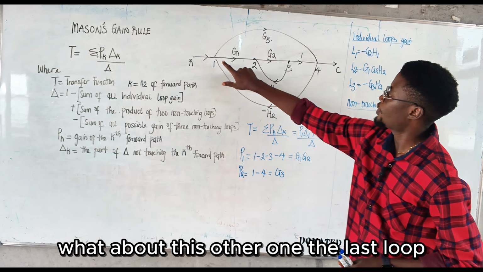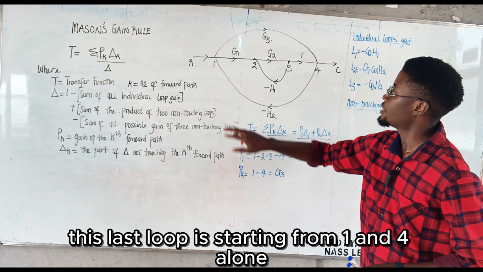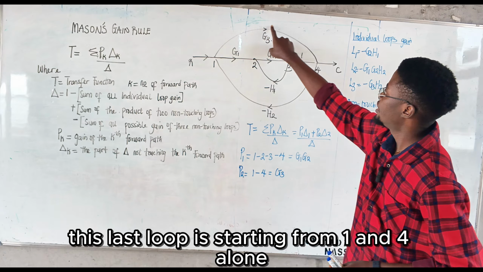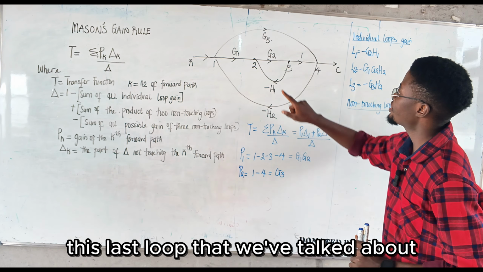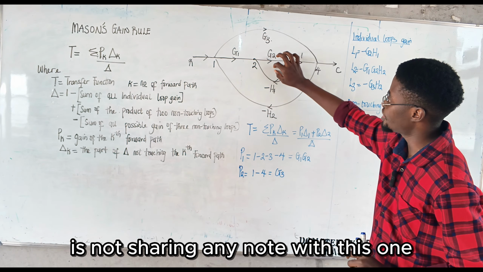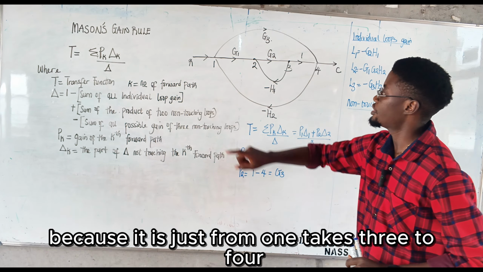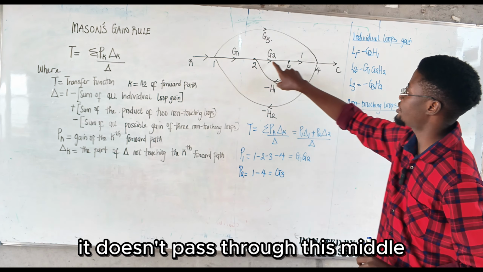What about this other one, the last loop? This last loop starts from 1 and goes to 4 alone. So you can see that this last loop is not sharing any node with the one that is inside, because it just goes from 1 straight to 4. It doesn't pass through this middle.